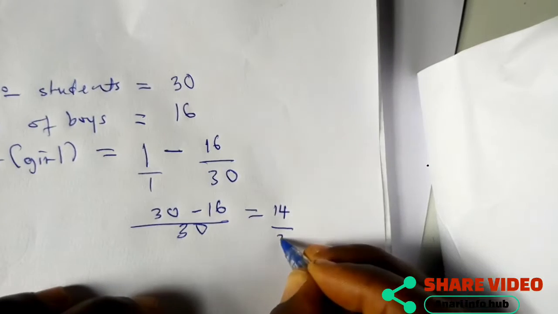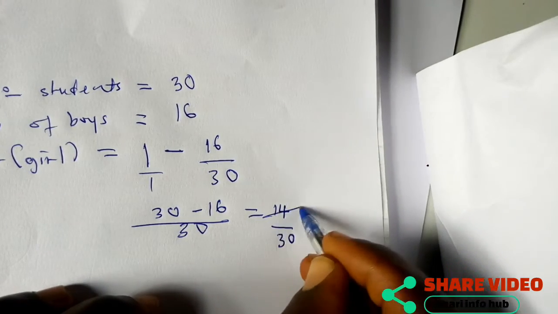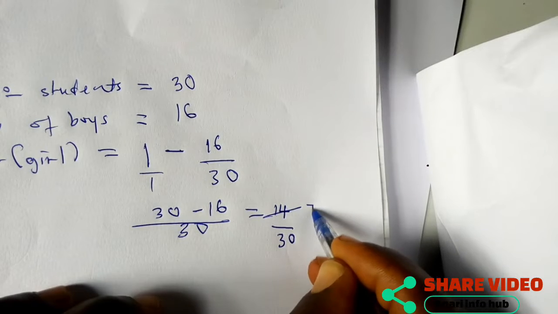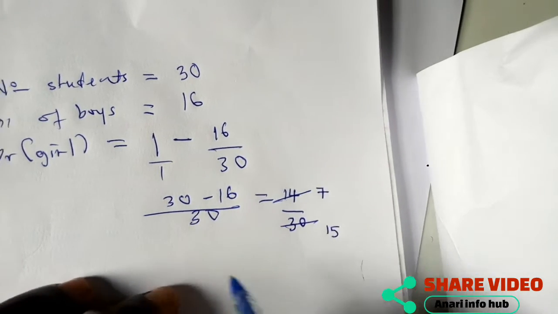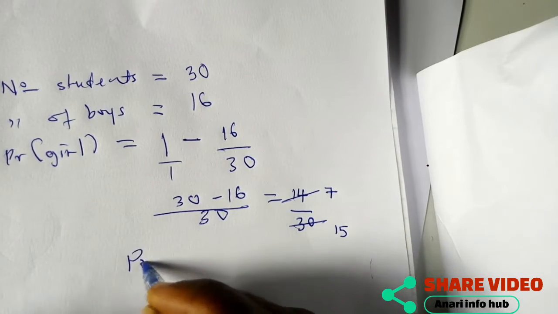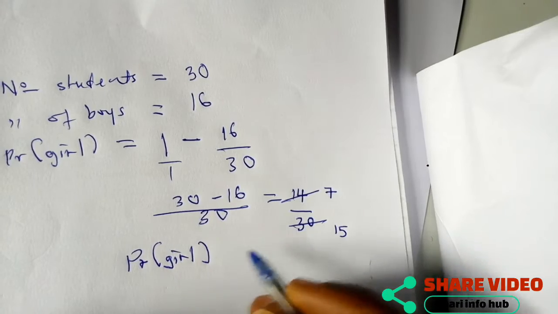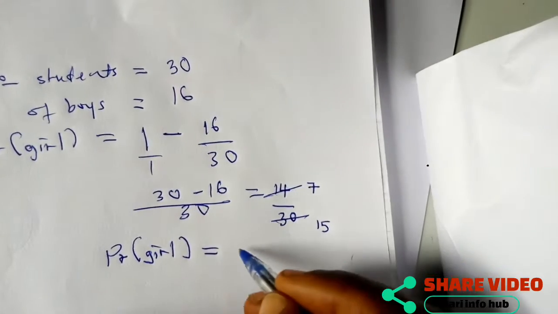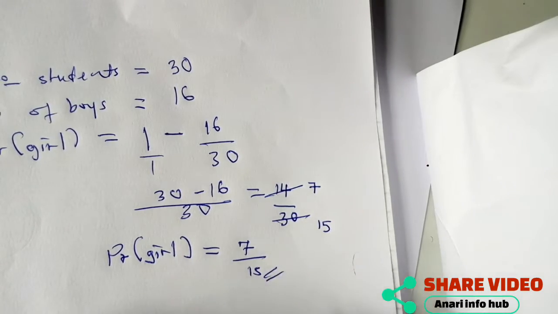So 14 over 30. We can break this down. 2 here is 7, and 2 here is 15. So the probability that a girl can represent us will be 7 over 15.